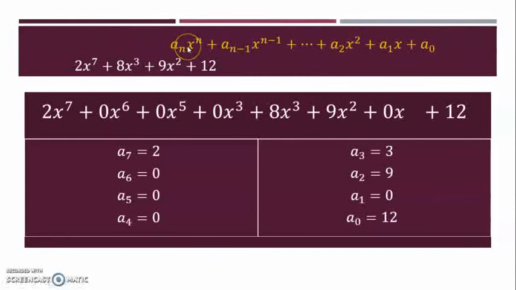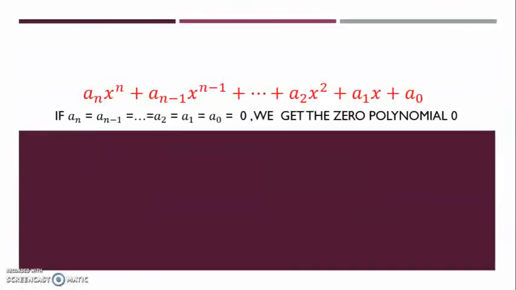So the general form of a polynomial of degree 7 would be a7 x to the power 7, a6 x to the power 6, and goes on, then a2 x to the power 2, a1 x to the power 1, and a0. If all the coefficients, that is a_n, a_(n minus 1) and so on, all of these become 0, we get the zero polynomial, which is 0.